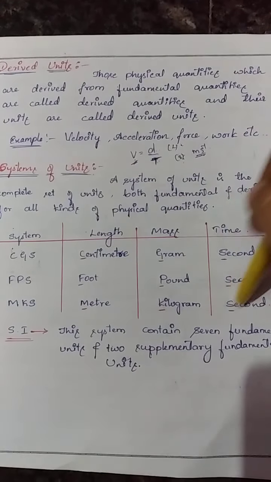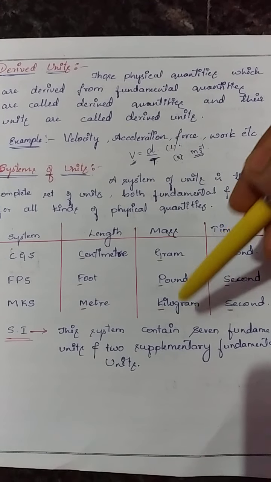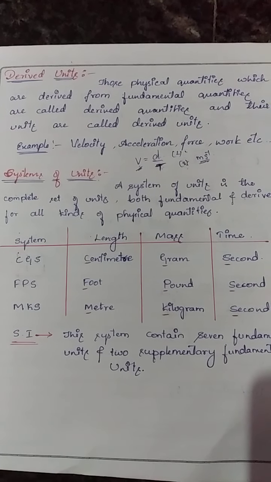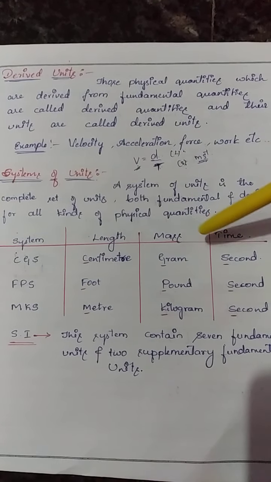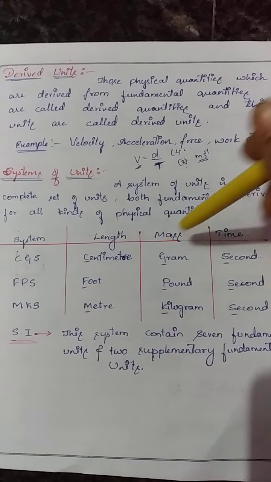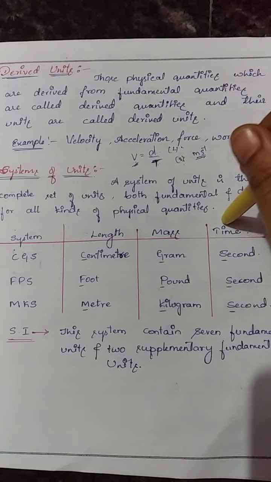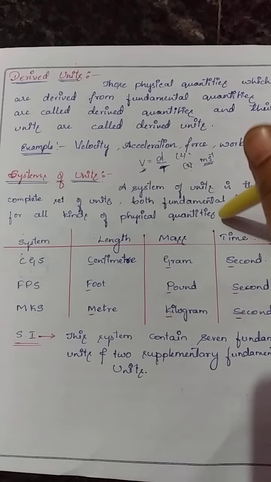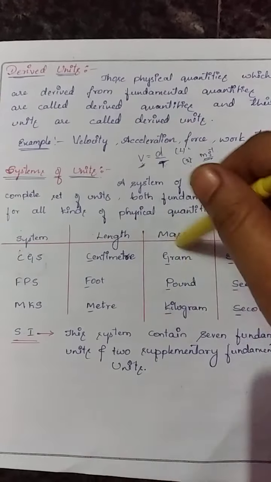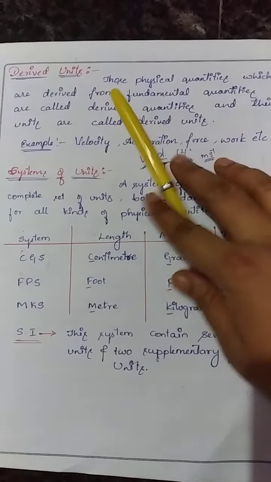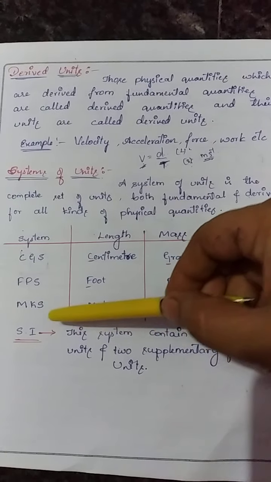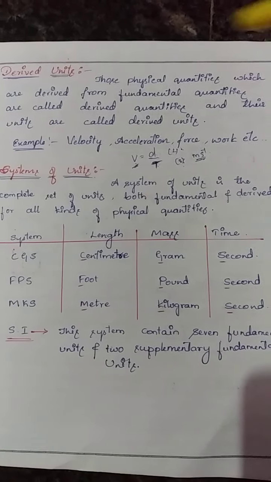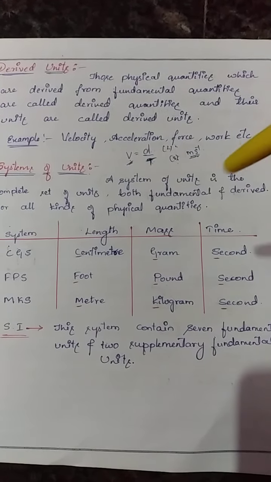These systems were followed by many countries on their own. To avoid the difficulties and confusions, the international organization combined those systems into one form, that is the SI system, the international system, which is studied all over the world.